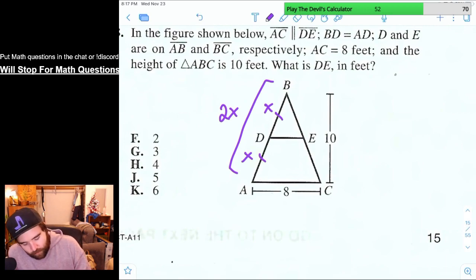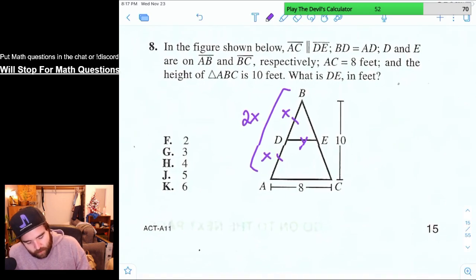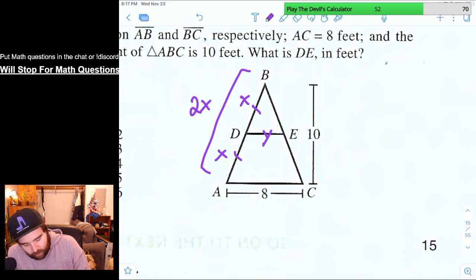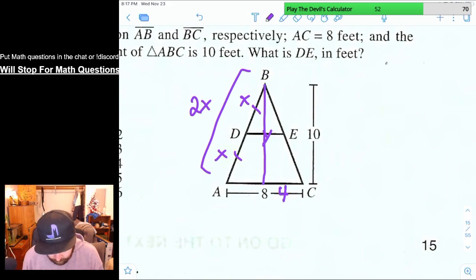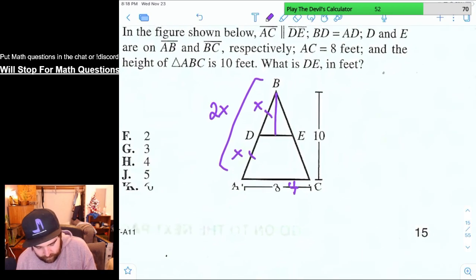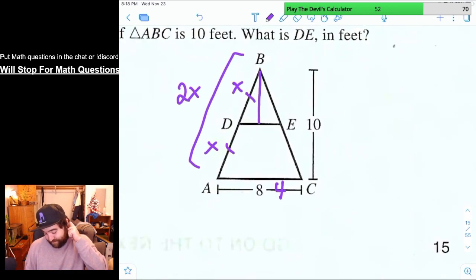So, oh, wait. How am I going to use that 10? I mean, I can use that 10 to find that entire height, because that's going to be 4. Or I guess no, I can use that to find this height. What do I even want? I want DE.